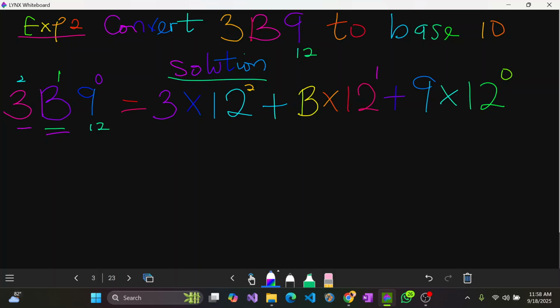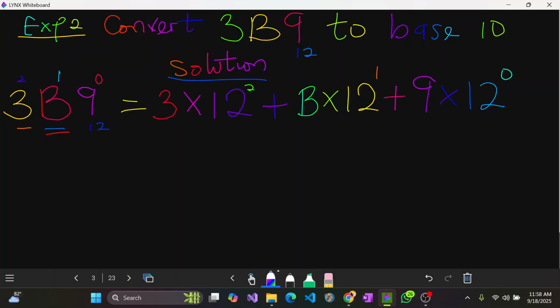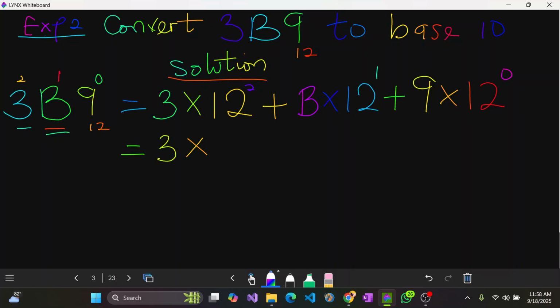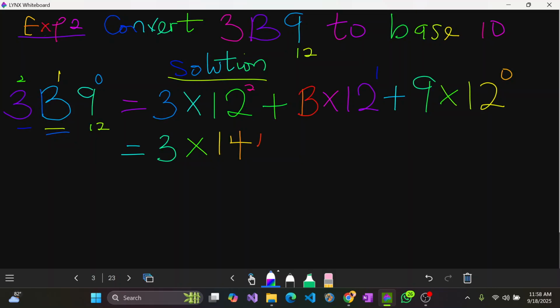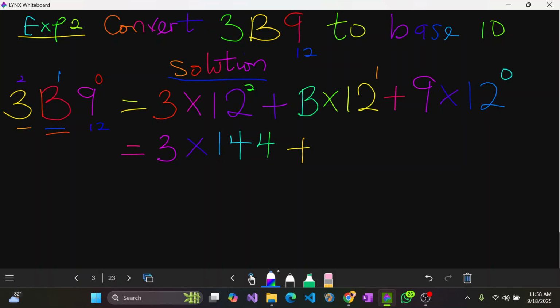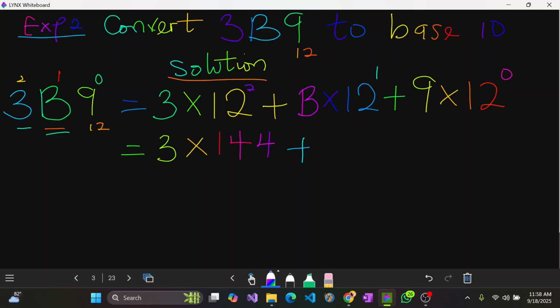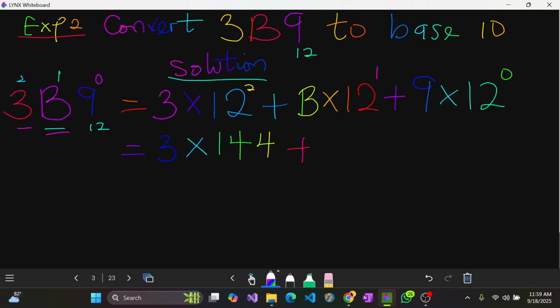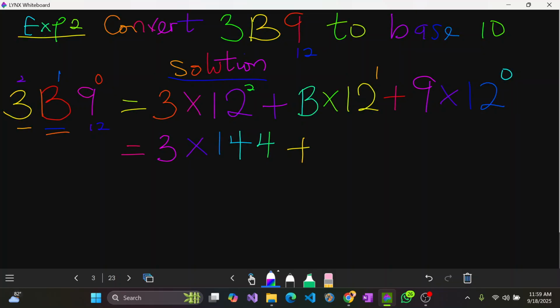So we have 3 times 12 raised to the power of 2, which is 144. Then plus, don't forget, B represents 11, A represents 10, C represents 12, and it goes on like that. That means D will represent 13, E will represent 14, F will represent 15.